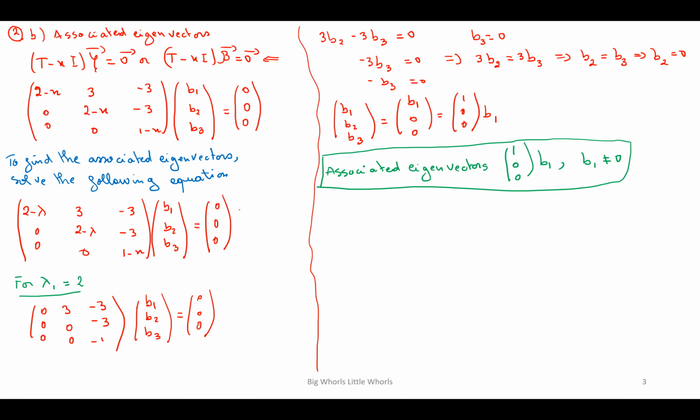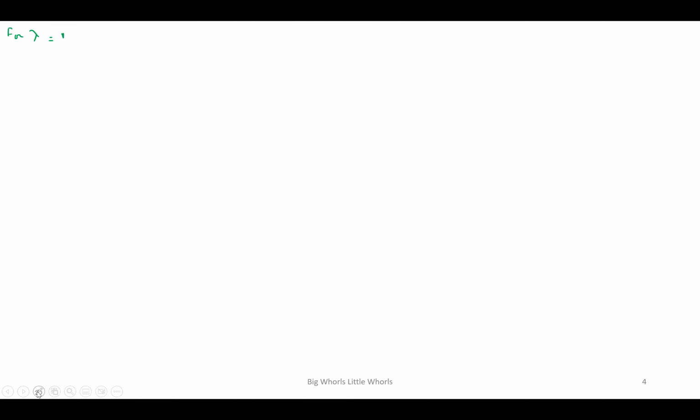For lambda equals to 1, if you remember, we are solving the following equation: 2 minus lambda, 0, 0; 3, 2 minus lambda, 0; minus 3, minus 3, 1 minus lambda, multiplied by b1, b2, b3 equals to 0, 0, 0.